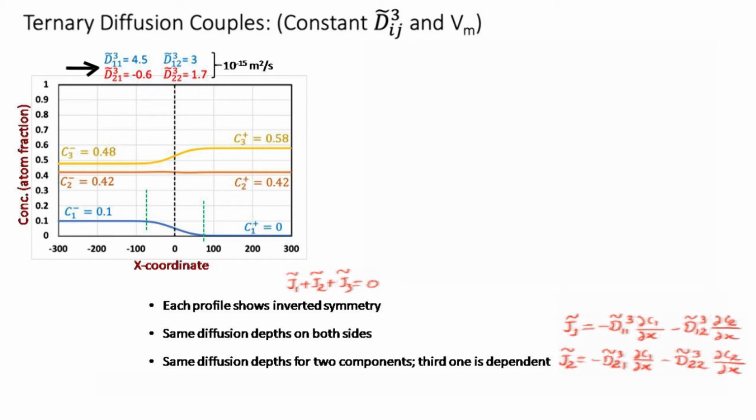which quantifies the contribution from the gradient of 2 to its own flux, and D21 tilde 3 is the cross coefficient that quantifies the effect of the gradient of 1 on the diffusion of component 2.